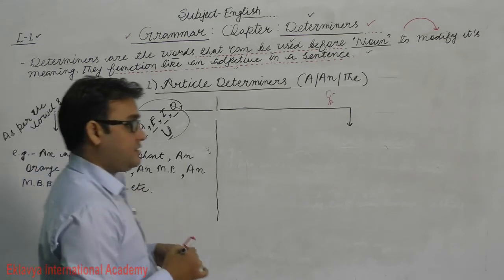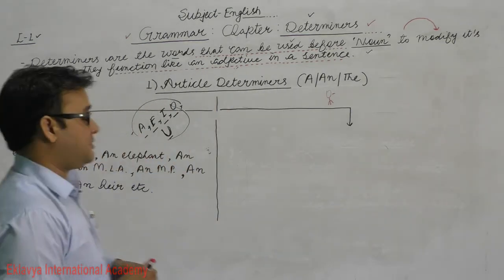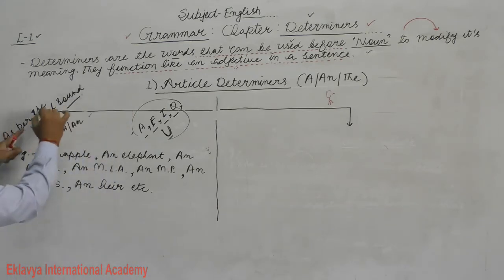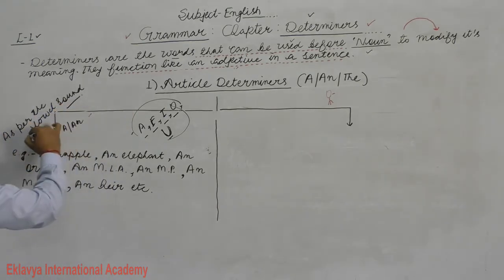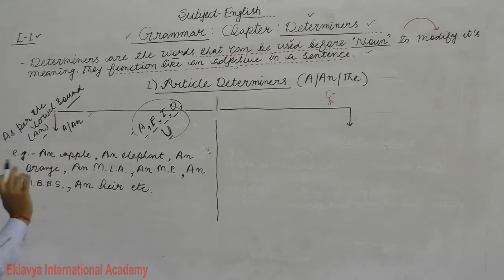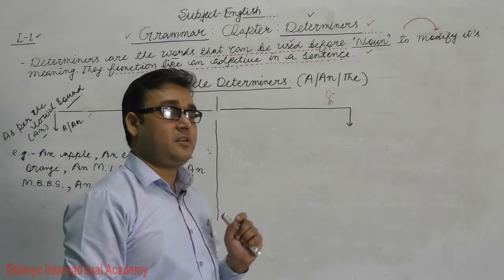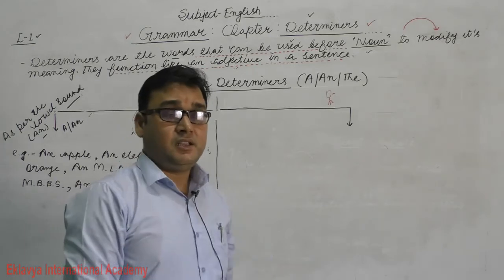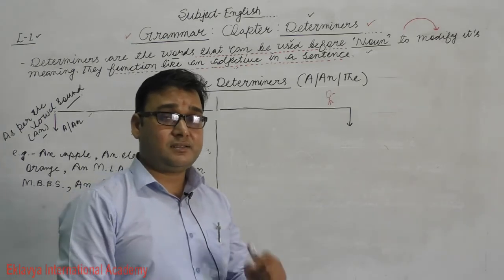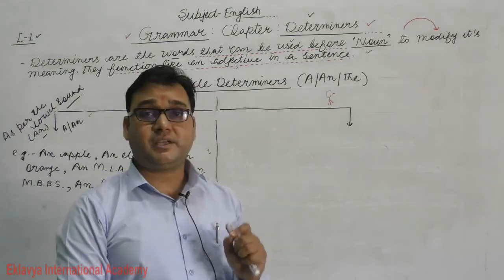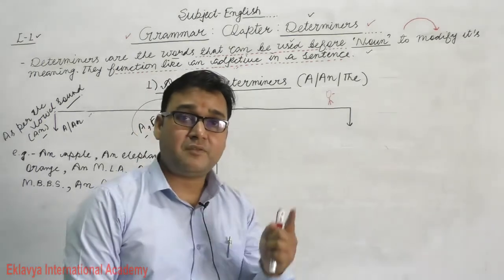So let's clarify the use of sounds. As per the vowel sound, the article a or an will be used, but don't forget that the letters of vowels may be there, but letters are not important, sound is important. The criteria of using a or an, the indefinite article, is sound.